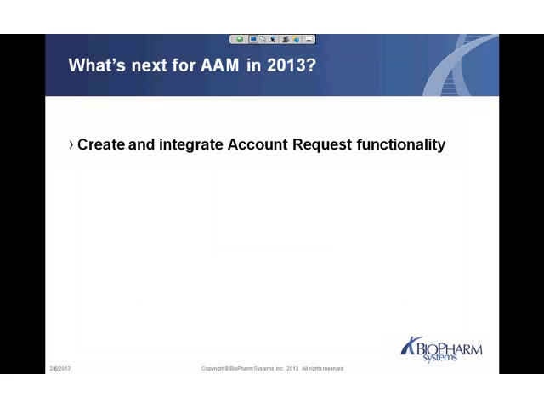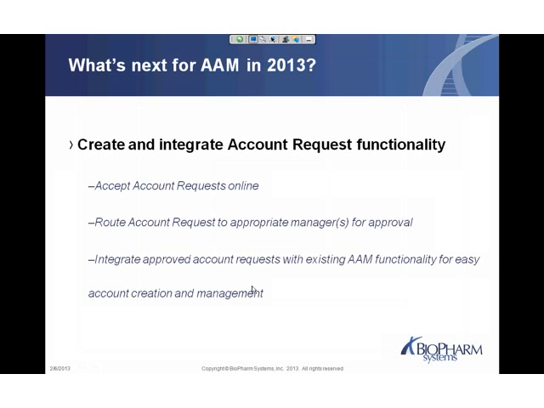So the next enhancement that's being discussed right now is to add an account request functionality where it would accept the request online, route it to the appropriate managers for approval, and then integrate it with the AM tool.